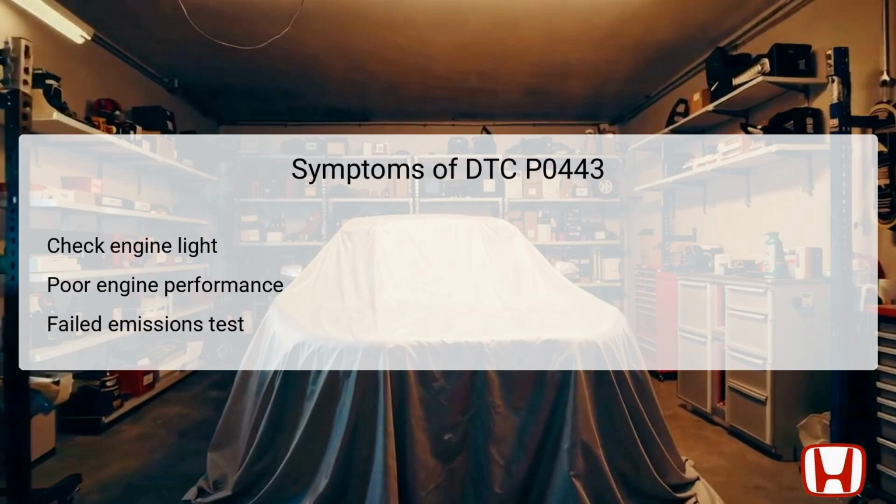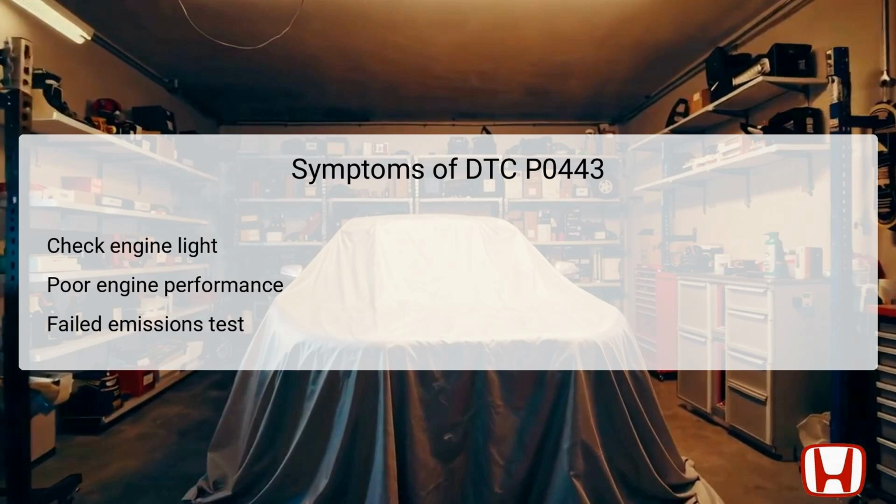The presence of DTC P0443 can manifest in several distinct symptoms. One of the primary indicators is the illumination of the check engine light on the vehicle's dashboard, alerting the driver to a potential issue. Additionally, the vehicle may exhibit poor engine performance, such as reduced acceleration or rough idling, as the improper management of fuel vapors affects engine operation.